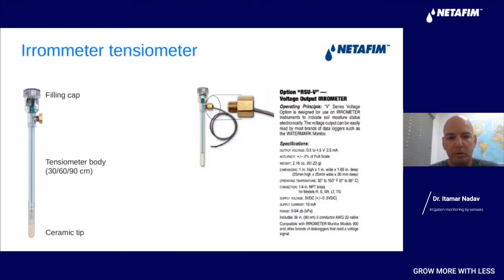And you just need to fill this sensor with water and install it in the soil. And you will have, as you can see on the right side, a transducer that converts the tension into an output of current or voltage that we can actually read with our systems.